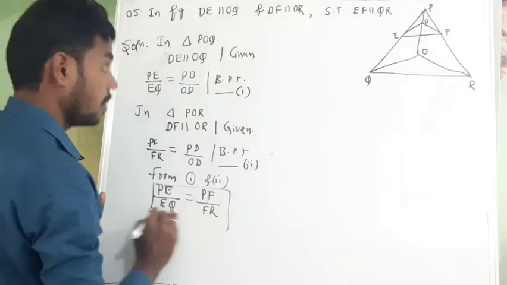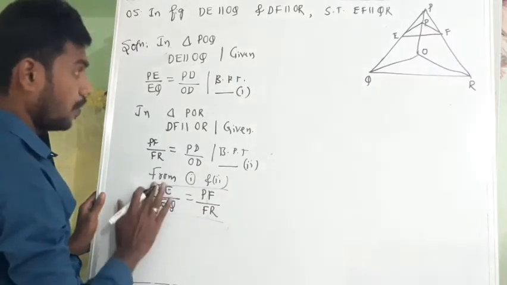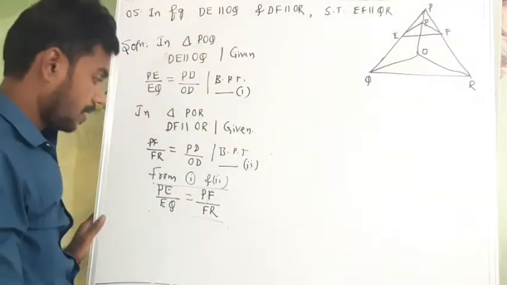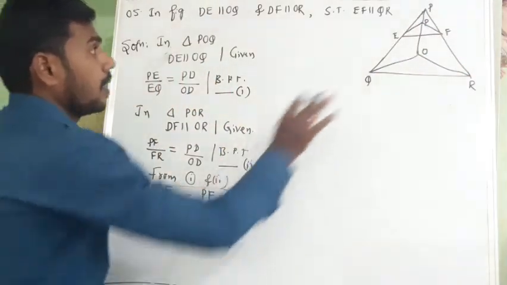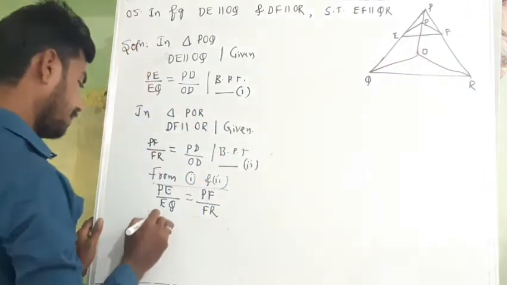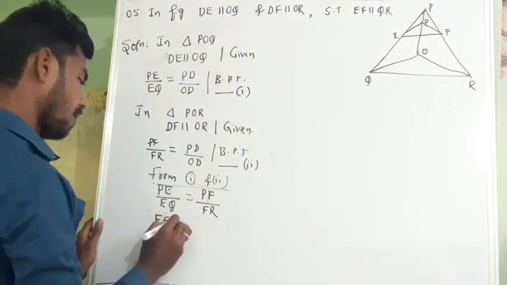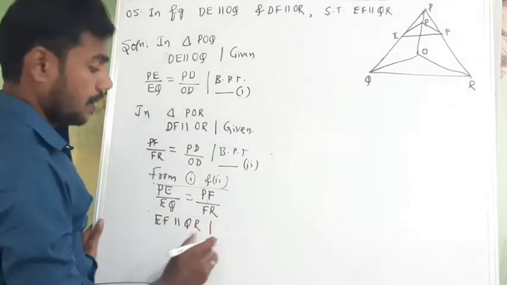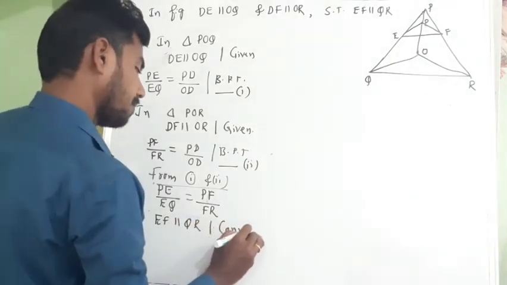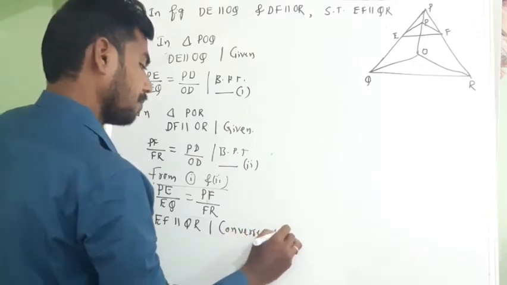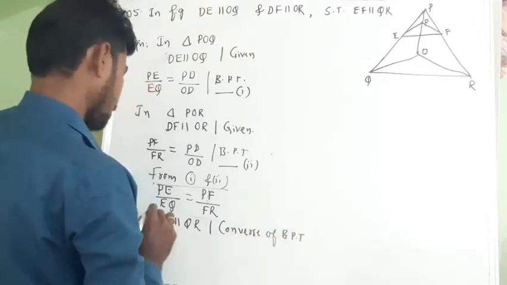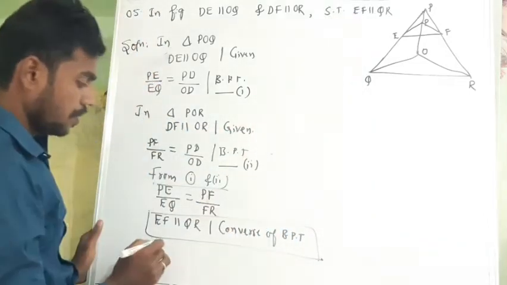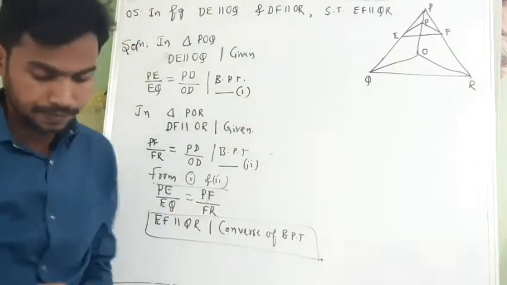So we proved PE by EQ is equal to PF by FR. Now, obviously EF will be parallel to QR. Why? Because of the converse of BPT. So we proved EF is parallel to QR. Please note this down.